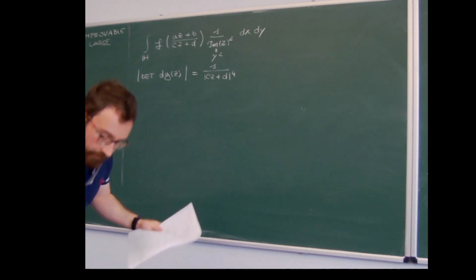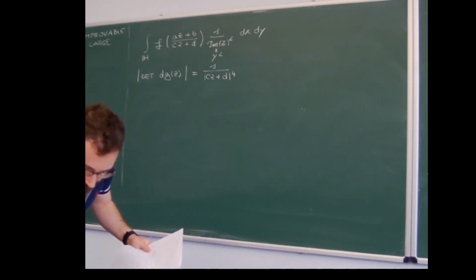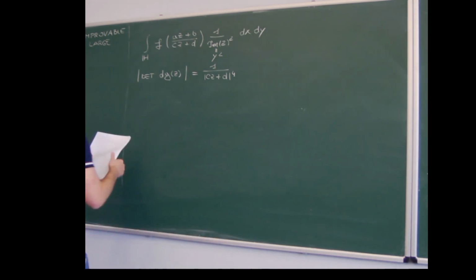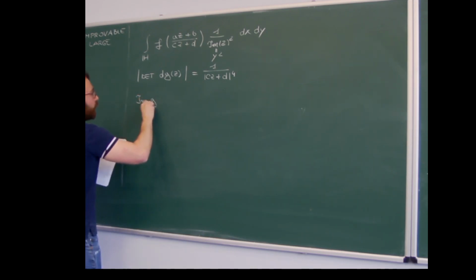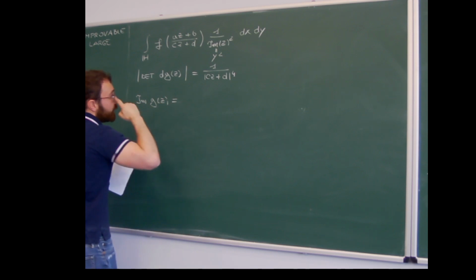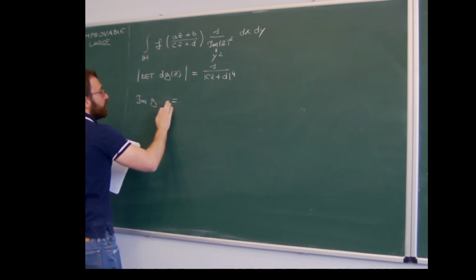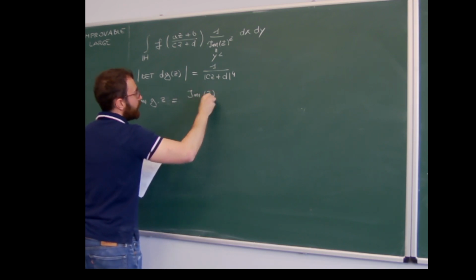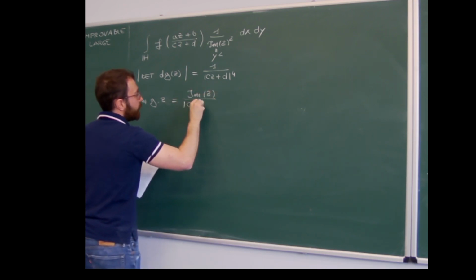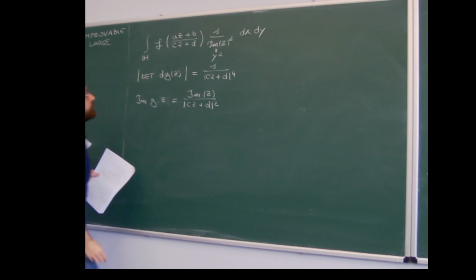Okay, good. You also have that the imaginary part of g.z is equal to the imaginary part of z divided by |cz+d| squared.